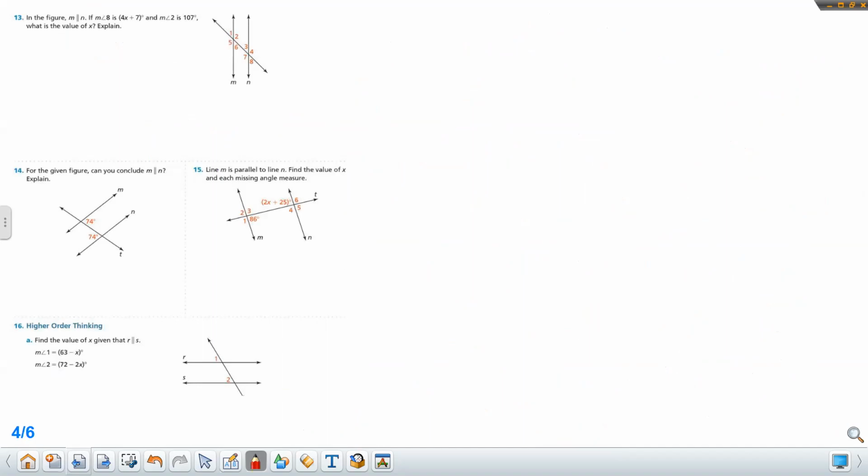In number 13, in the figure, M is parallel to N, like you see. If the measure of angle 8 is 4x plus 7, and the measure of angle 2 equals 107, what's the value of x? First, you must mention the relation between 8 and 3, and 3 and 2.